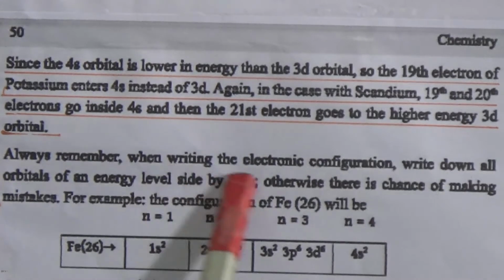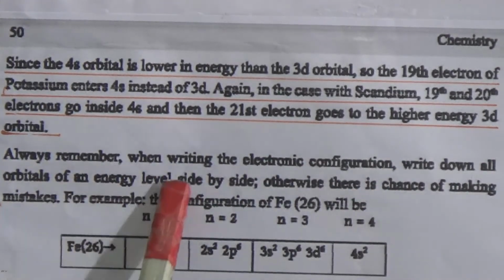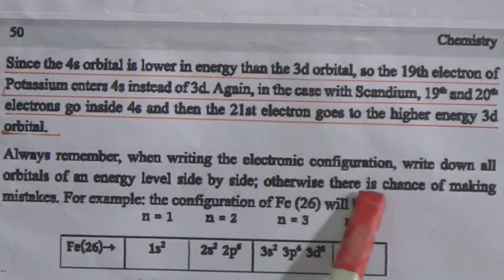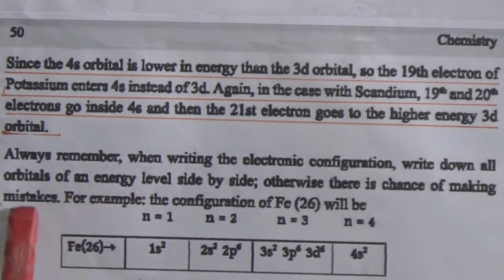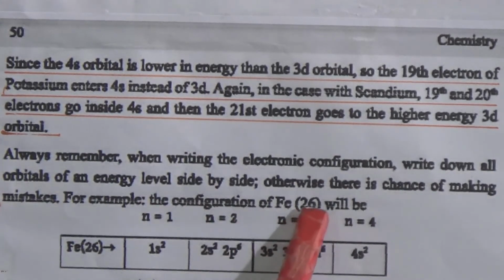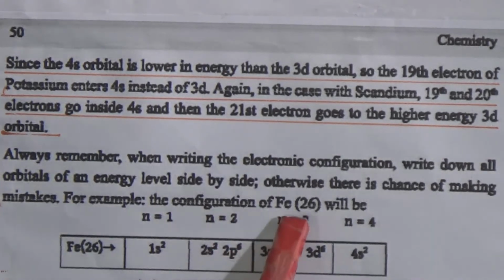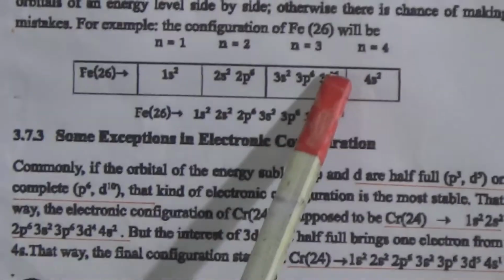Always remember, when writing the electronic configuration, write down all the orbitals of an energy level side by side, otherwise there is a chance of making mistakes. For example, the configuration of iron, atomic number 26: for N1, 1s2; for N2, 2s2, 2p6; for N3, 3s2, 3p6, then 3d, but this electron number you will write later.